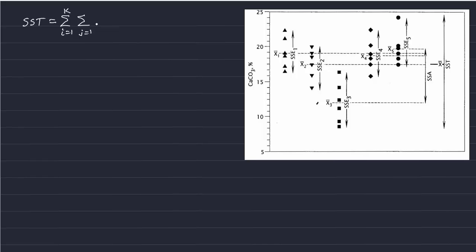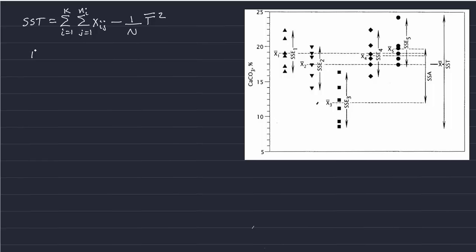And here I'm going to generalize n, the number of samples, to be allowed to vary between samples. So the sum of all the measured values squared, minus 1 over the total number of measurements times the total sum squared.